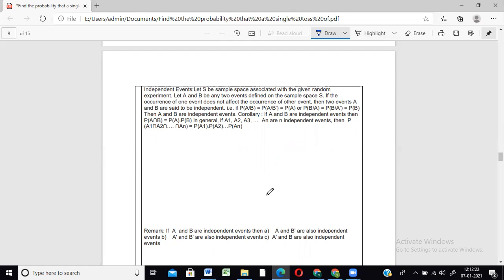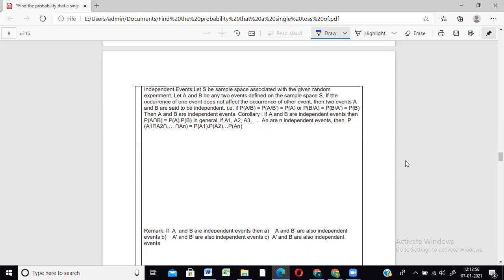Let A and B be two events defined on the sample space S. If the occurrence of one event does not affect the occurrence of the other event, then the two events are said to be independent. The name independent only means that they are not dependent on each other, correct? So that is what it means.